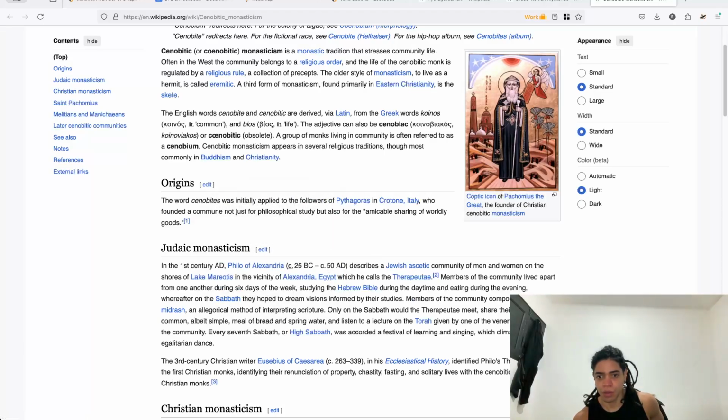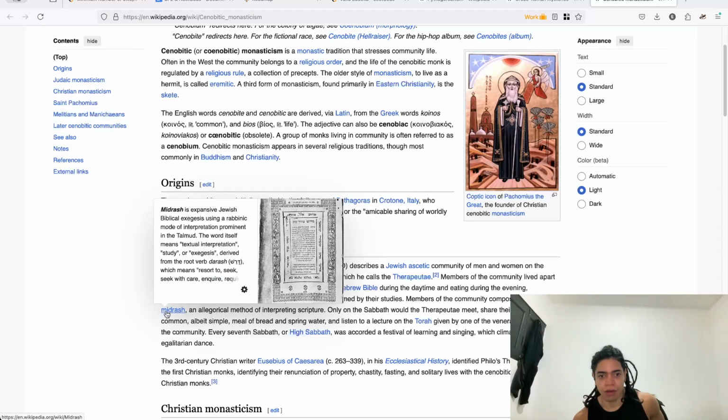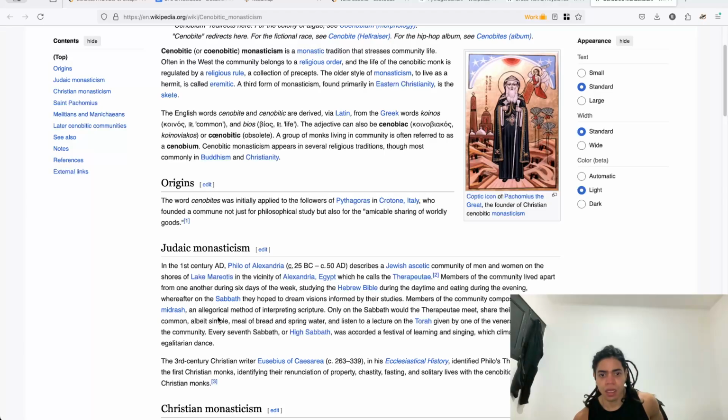Members of the community compose books of Midrash. Midrash is an expansive Jewish biblical exegesis using a rabbinic mode of interpretation, prominently an allegoric method of interpreting scripture.